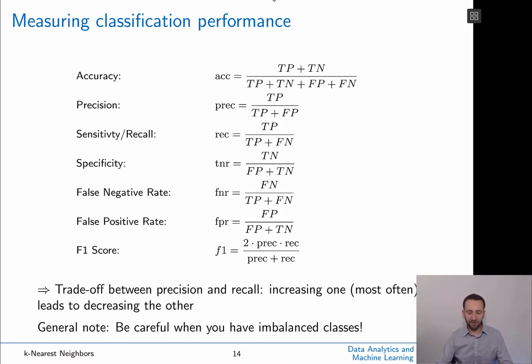On the previous slides, we, for example, used the accuracy. What is the accuracy? The accuracy is simply the correct predictions, the true positives and the true negatives, divided by all instances in the validation set. So these are all validation instances, and these are the correct ones.